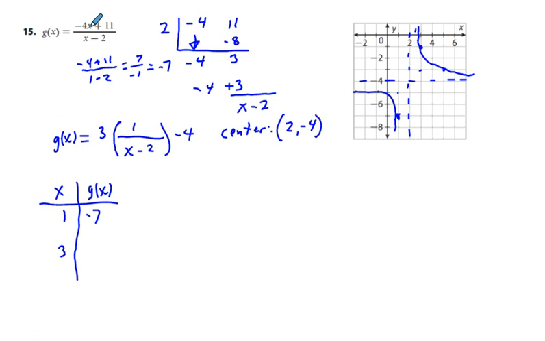And if we put in 3, we'll get negative 12 plus 11, or negative 1, over 1, or negative 1. So negative 1, which we got right here. So we have 3 comma negative 1, and we got 1 comma negative 7 over here.